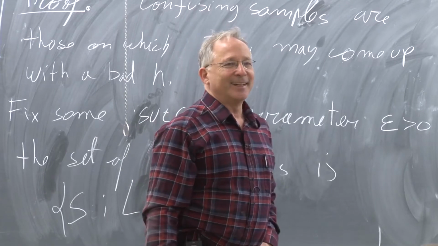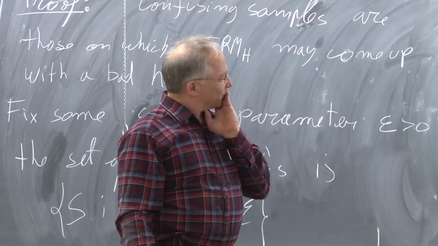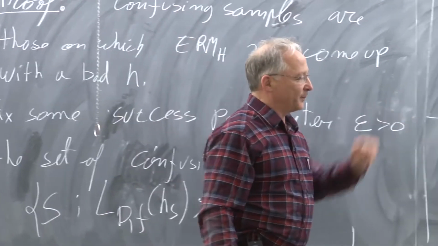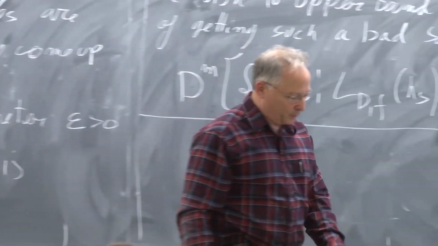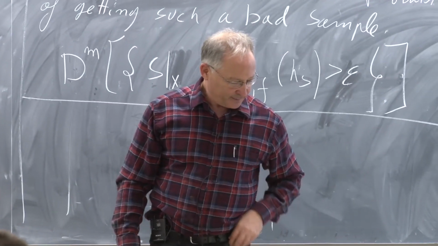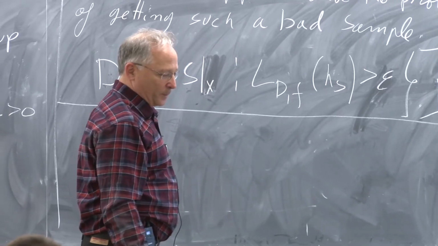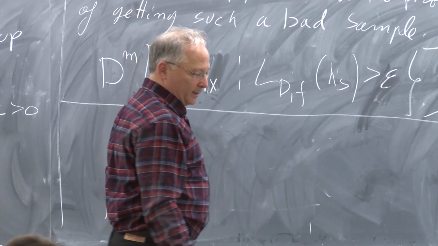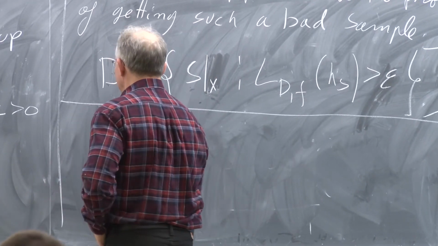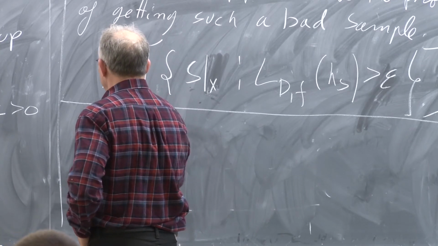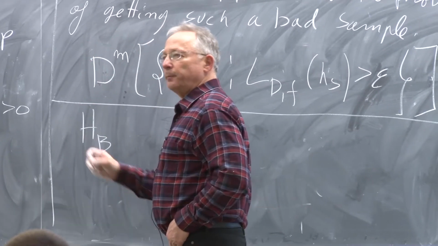Okay. Now we want to analyze this set. To analyze it, we will introduce two more sets. So we introduce HB, which is the set of all bad hypotheses.